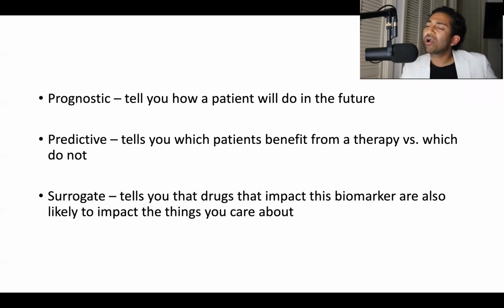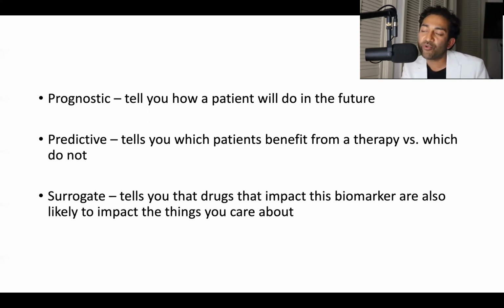So prognostic endpoints tell you how a patient's going to do in the future. With 17p deletion, they're not going to do as well as if they had p53 working well. It tells you how they're going to do irrespective of treatment. A predictive endpoint, HER2 in breast cancer, tells you which patients benefit from some therapy versus which do not. Predictive endpoints can also be prognostic. Of course, we know HER2 is an adverse prognostic feature, but predictive is more to the point.